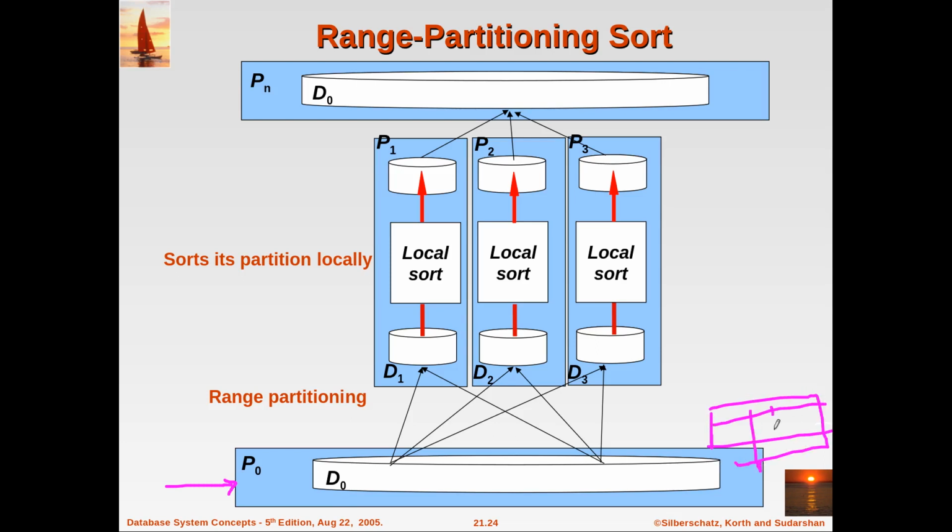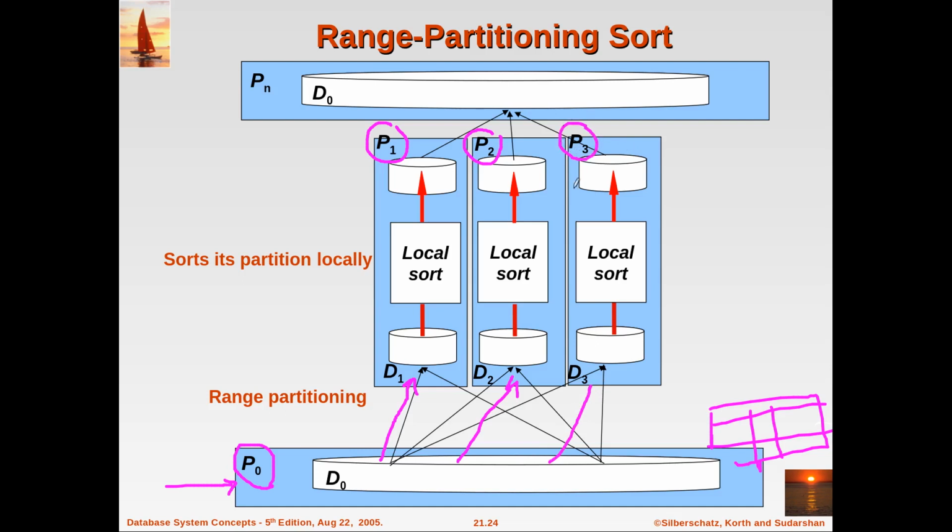Now we do range partitioning, and some of the tuples move to D1, which is part of another processor P1. Then some tuples move to D2, which is part of a second processor P2. The third range goes to D3, which is part of P3.